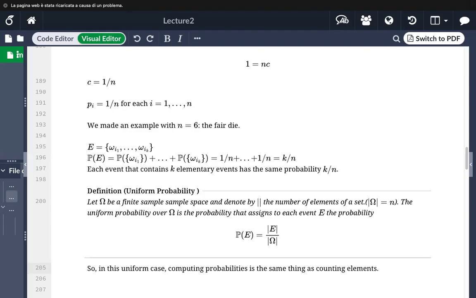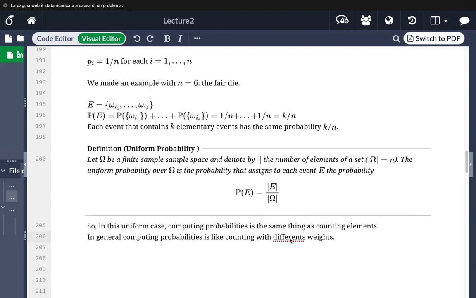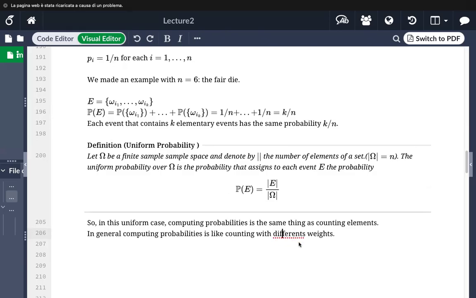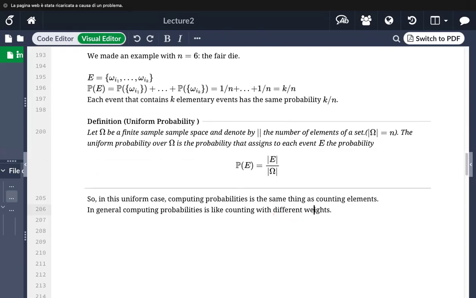In general, computing probabilities is like counting with different weights, but by no means is it simple.